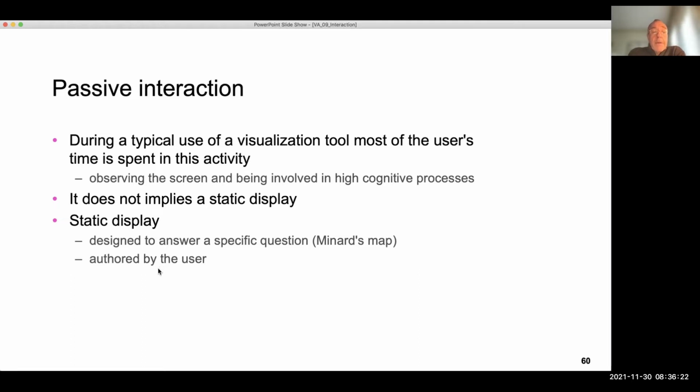But otherwise, it is something that you did, interacting, activating some analytics or some visual interaction, and the screen changes and you observe the new situation. You are passively interacting with it.